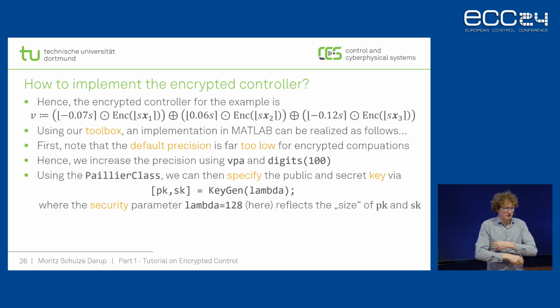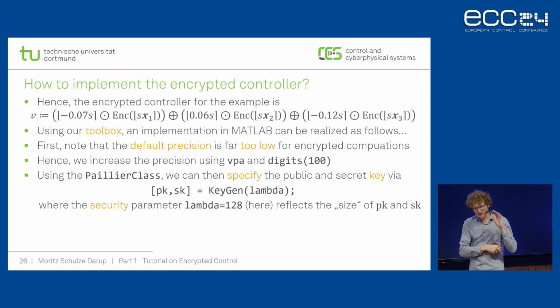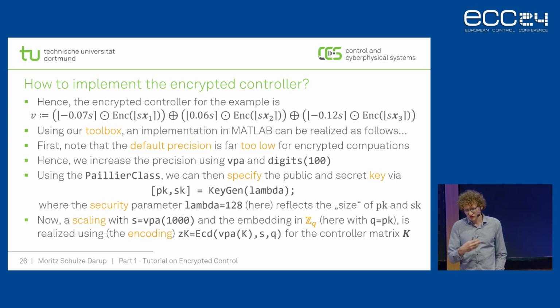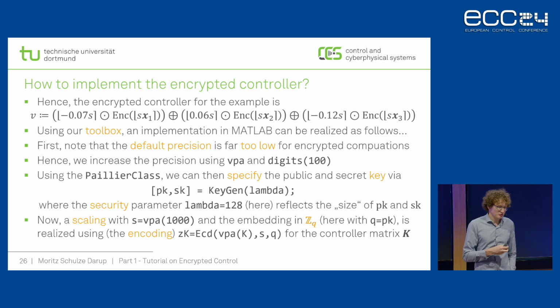If you increase the precision, then everything gets much slower. Then for this Paillier example, you can use the Paillier class. There's a key generator operation, and this will spit out the public and the secret key, which can then be used later on to evaluate the encryptions and also to do the encoding.